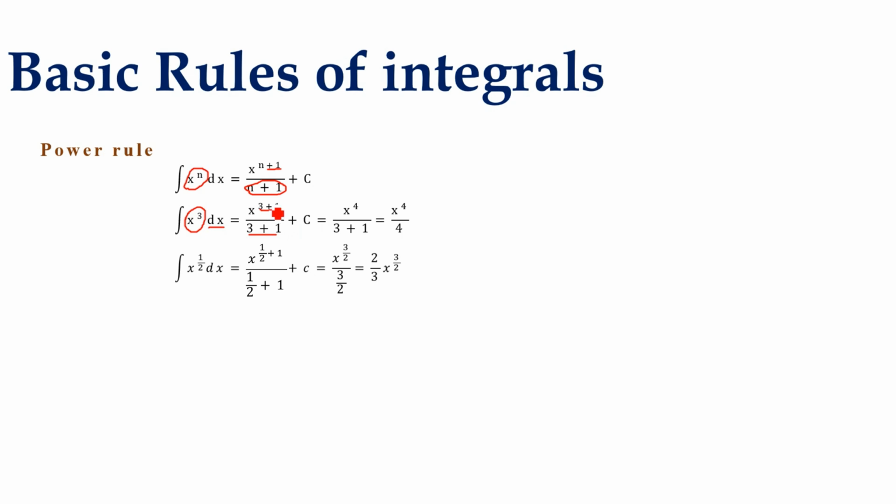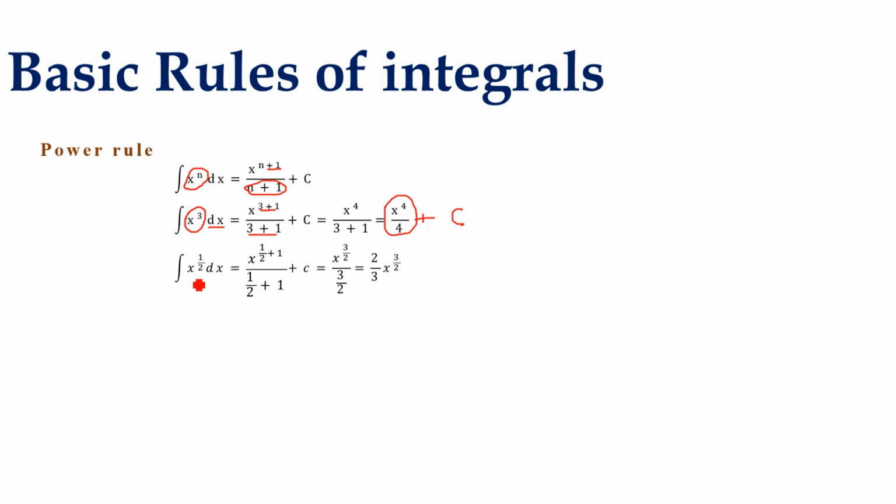Now when we add 3 and 1, we have x power 4 divided by 4, and in the end we just write c. So this is the solution of this x cube.